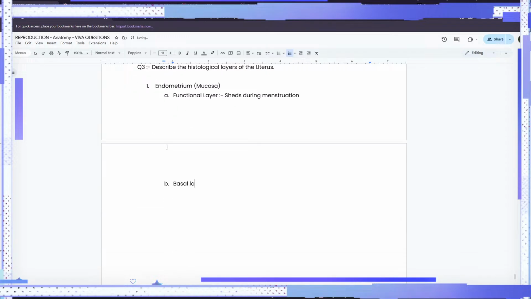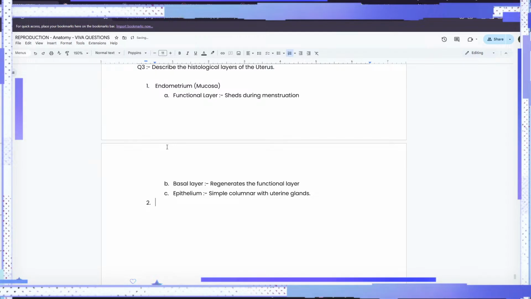What is special about the basal layer? It basically regenerates the functional layer. Cool, right? And of course, the epithelium itself is simple columnar, with uterine glands.